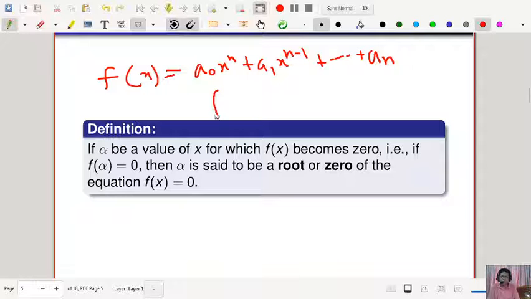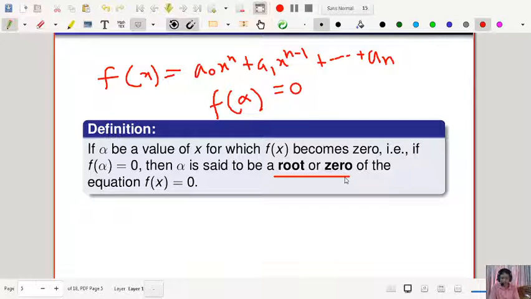If somehow f(alpha) equals 0 for some value alpha, then alpha is said to be a root or zero of the quadratic polynomial, or a root of the equation f(x) equals 0.